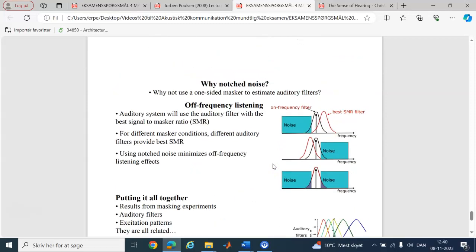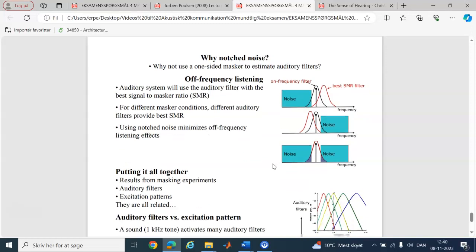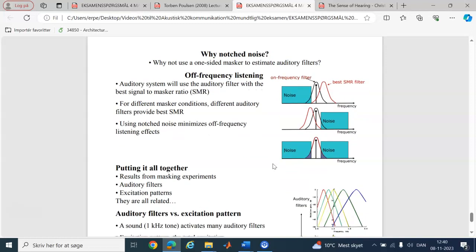Another thing is a concept called signal-to-masker ratio. The best SMR filter is when you have a noise, then a gap, and the SMR filter is inside the gap.